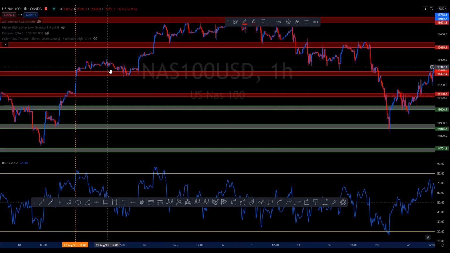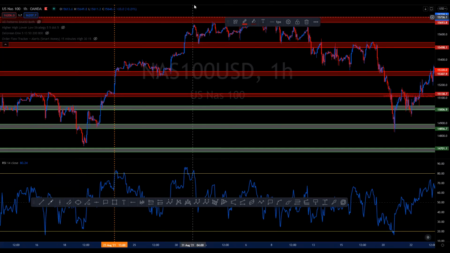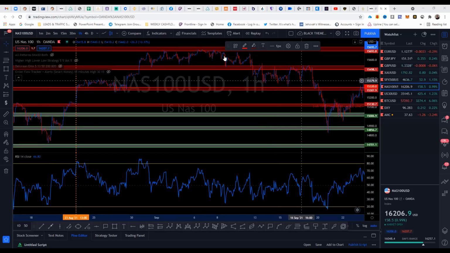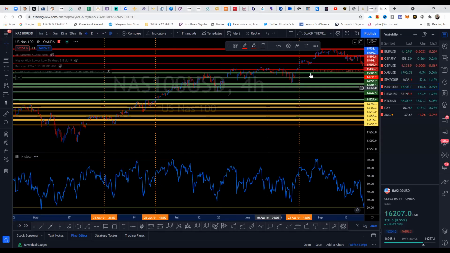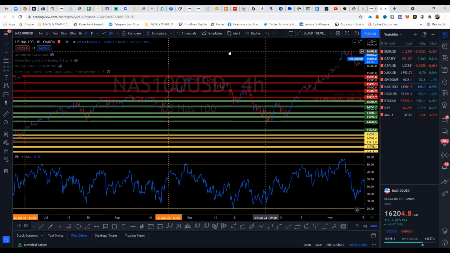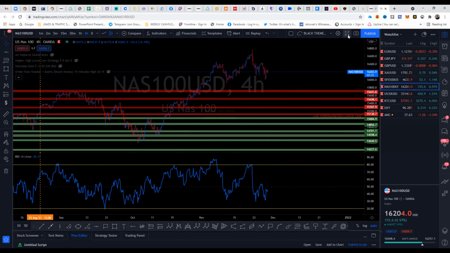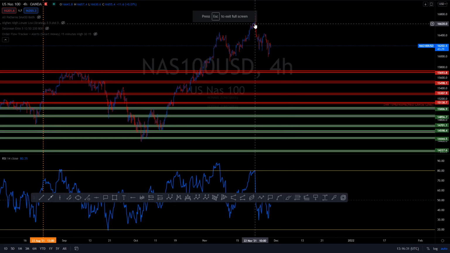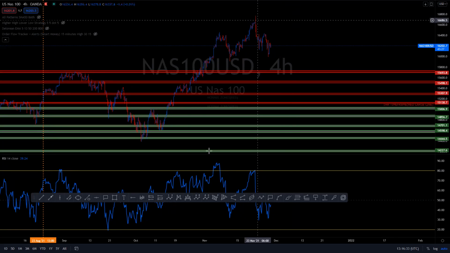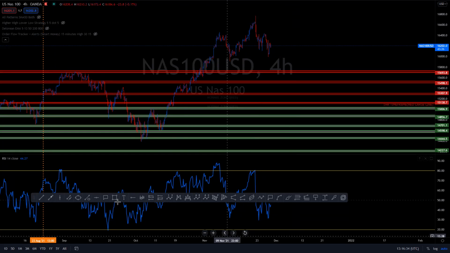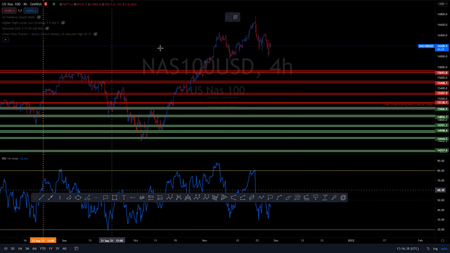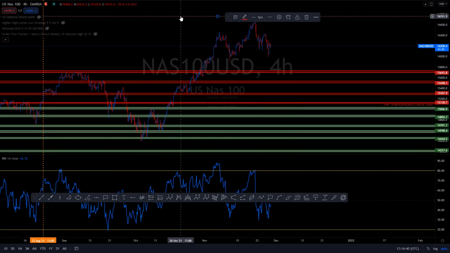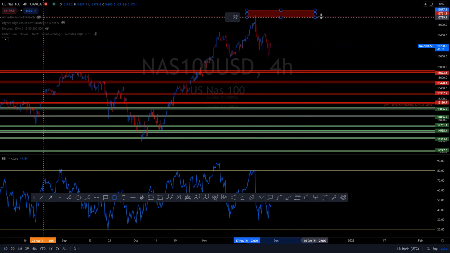All right, so we're done with the 1 hour. Let's go ahead and hit the 4 hour. We marked up everything to this point. Now, of course, as we can see, price was overbought at this point, so we can say that there's definitely a supply zone up here.